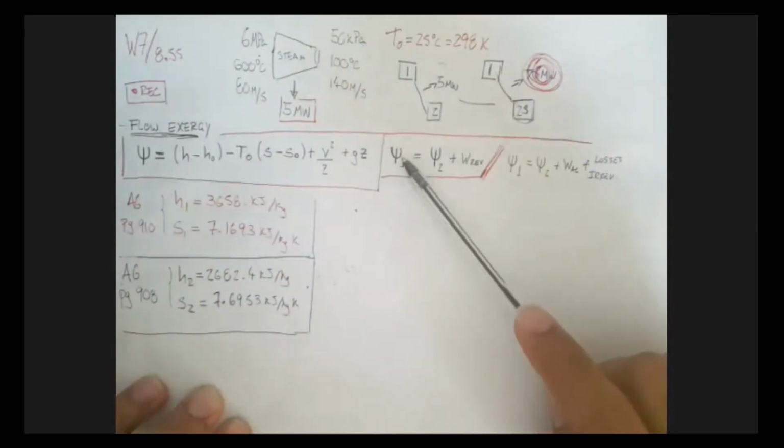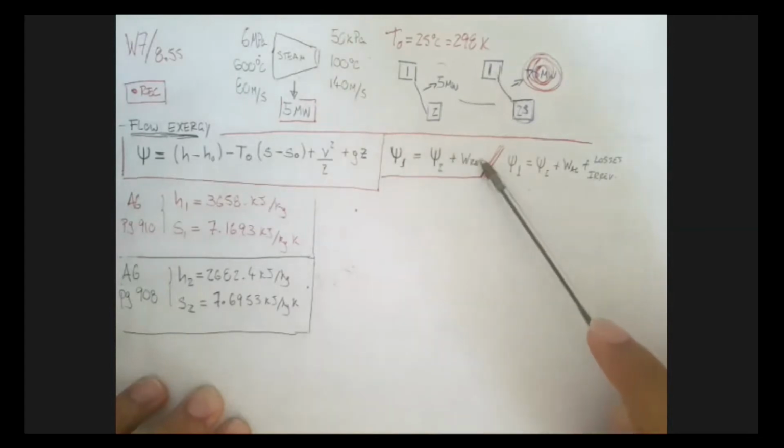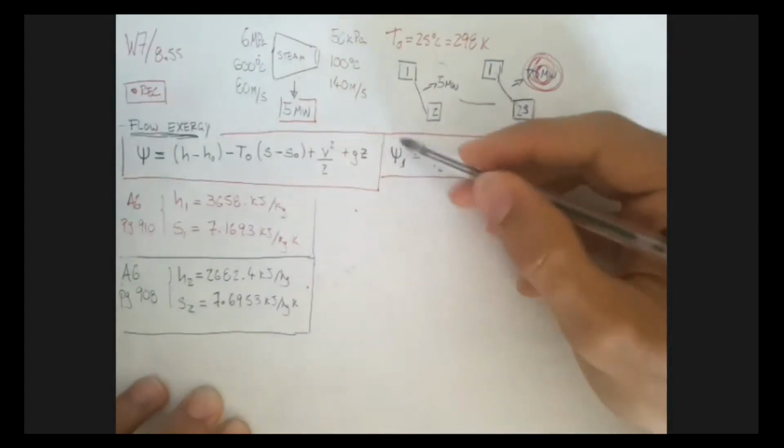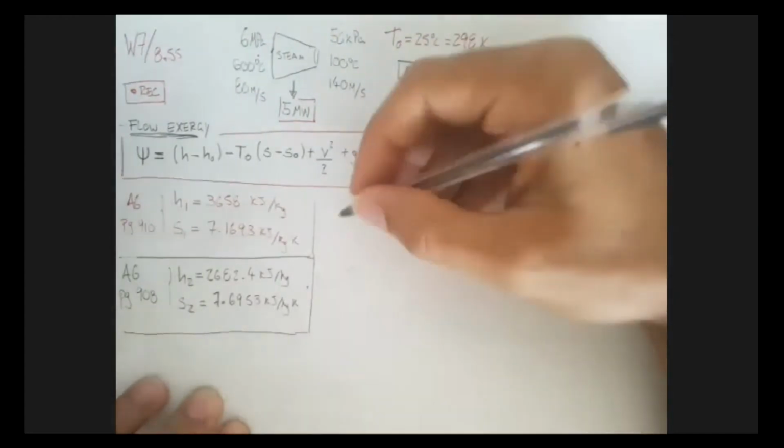How much energy do we have on the first state? How much energy do we have in the second state? Let's go ahead and do that. So let's expand this using this expression here.